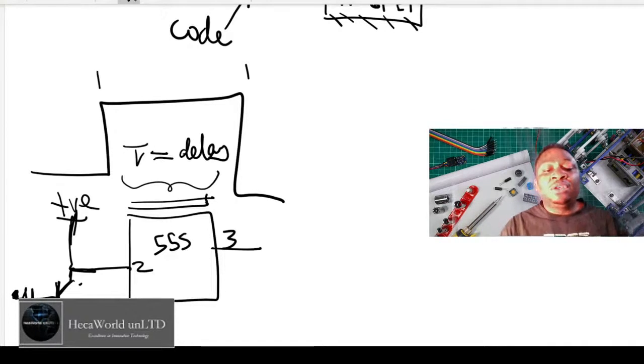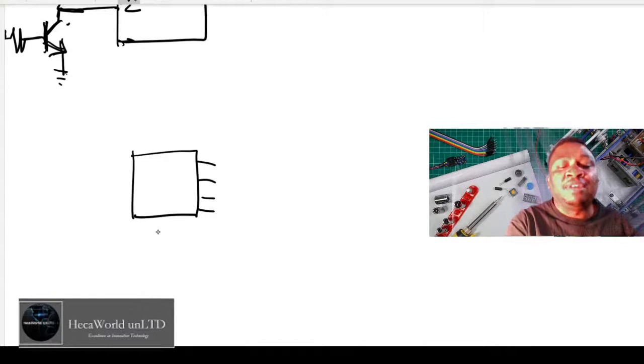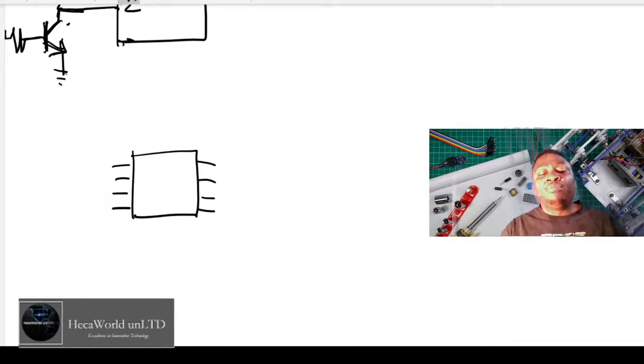But today, you can do all this using an ATtiny, just one chip the size of a 555 timer. You can program all the code inside this. I can have a dot matrix keypad attached to it to give you the same function, right?